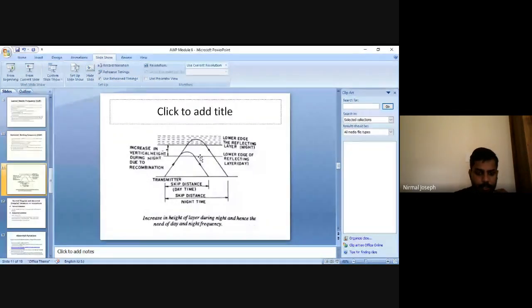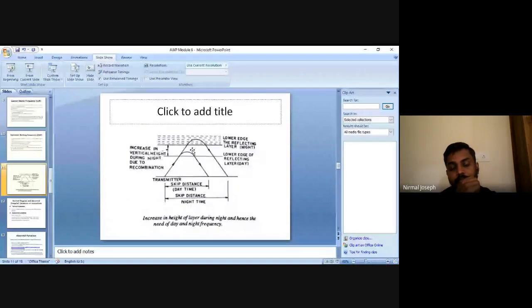So what will happen to skip distance? That is clearly shown in this figure. During daytime, the D layer is present, so the wave won't transmit much higher. It will get reflected from the D layer itself, so skip distance will be small. But during night time, for the same wave, it has to transmit up to the E or F layer because the D layer is not present at all.